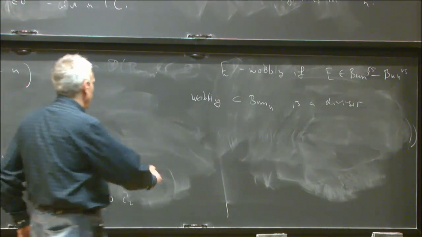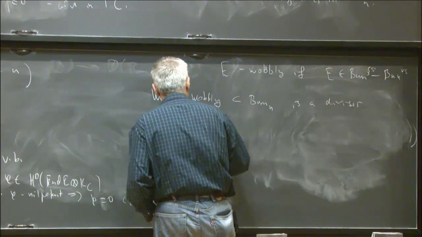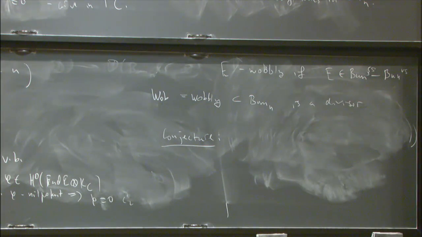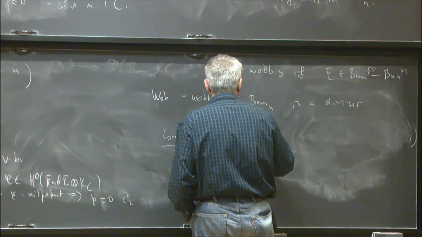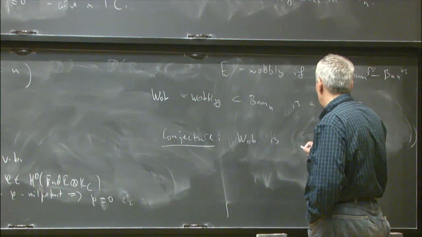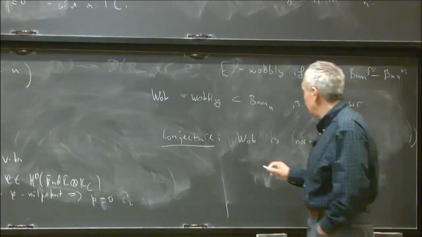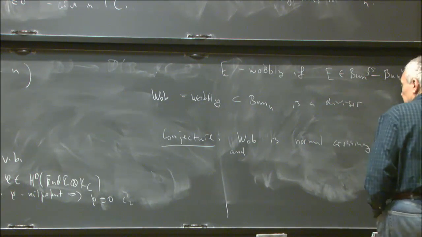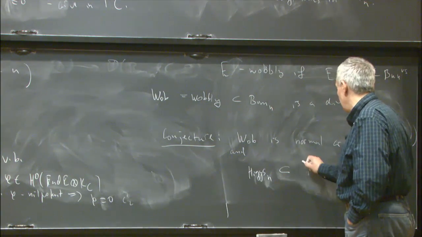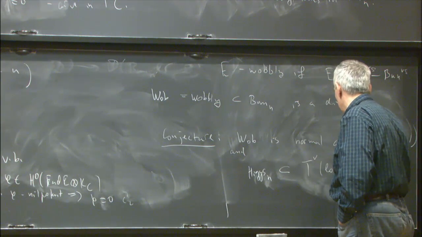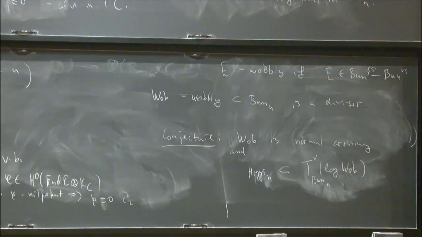And in fact, conjecturally at least, so let's call it W, in all the examples that we've analyzed, this is normal crossing, and the Hitchin fibers, and Higgs, actually embeds in the total space of the logarithmic cotangent bundle of the wobbly locus, as an open set.